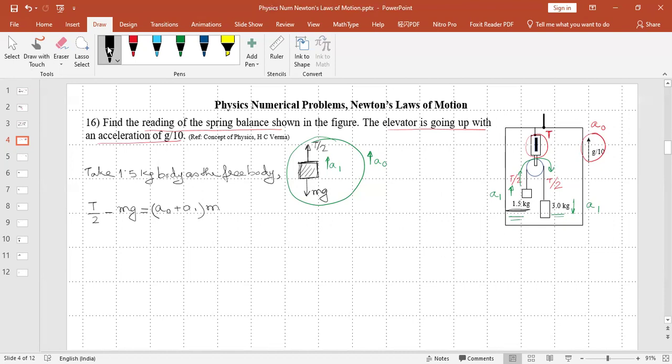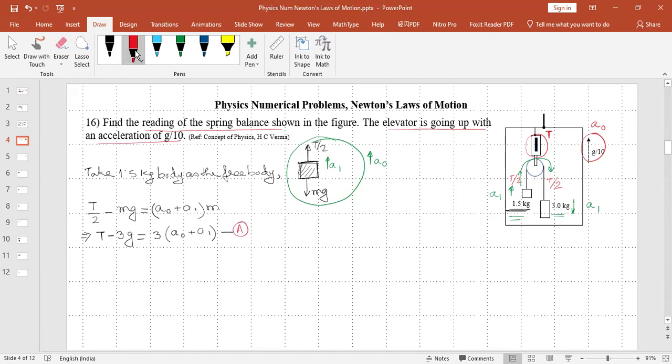Multiplying by 2, we get T minus 3g is equal to 3 within brackets A0 plus A1. Let us call this equation A.